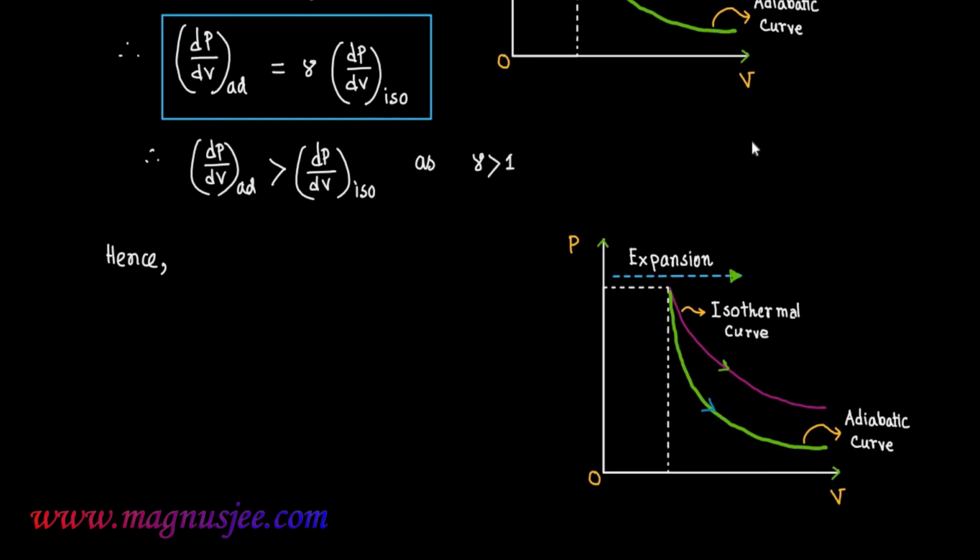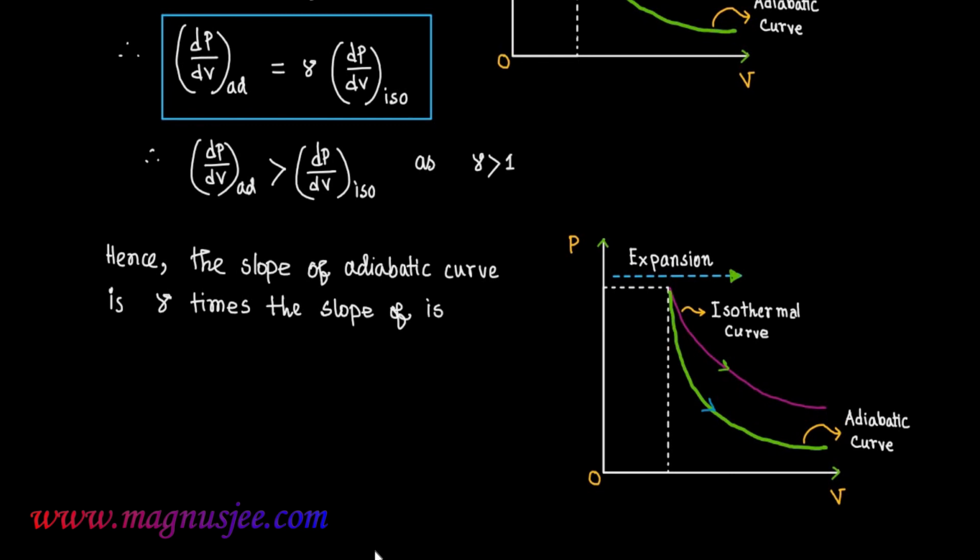Hence, the slope of the adiabatic curve is gamma times the slope of the isothermal curve.